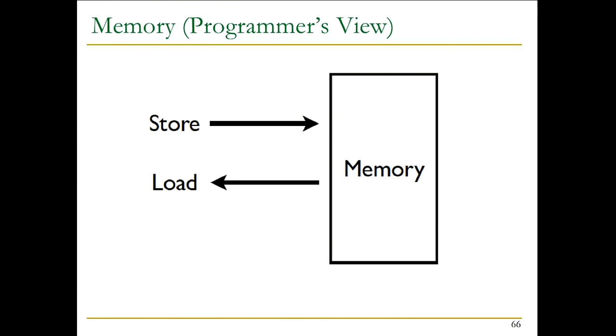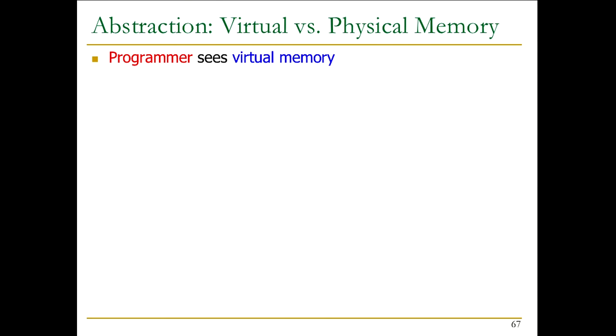Okay, so memory. We'll talk about memory. The programmer's view of memory is this, basically. You just load and store to it, and memory magically gives you data and writes the data, right? But we're going to break that internal thing open. So, abstraction: the programmer sees virtual memory, at least in most systems. Again, this is not the case in all systems, but we virtualize memory for good reason.